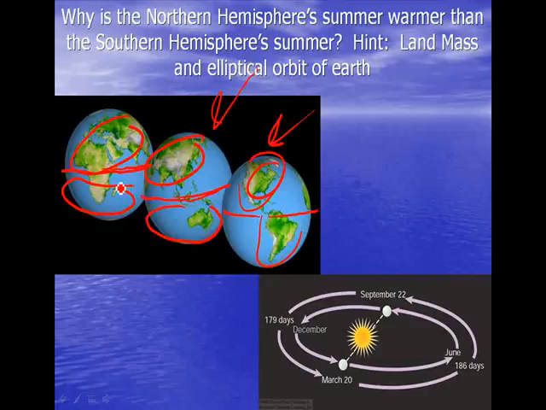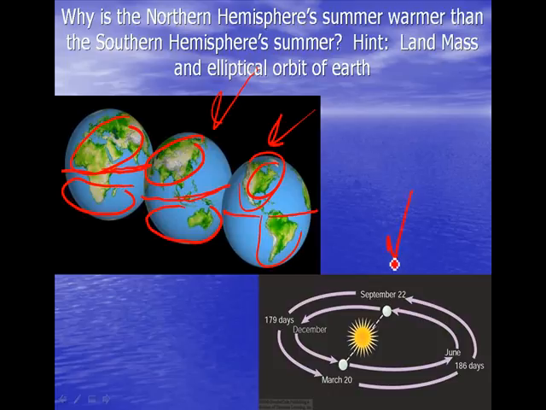If you recall from the partitioning of energy, some of the sun's incoming radiant energy is being used to evaporate the water, so less of it is left for sensible heating to raise the temperature. Whereas in the northern hemisphere we have more land mass, and more of the incoming radiant energy is used to raise the temperature instead of evaporation. Keep in mind that water has a larger heat capacity.